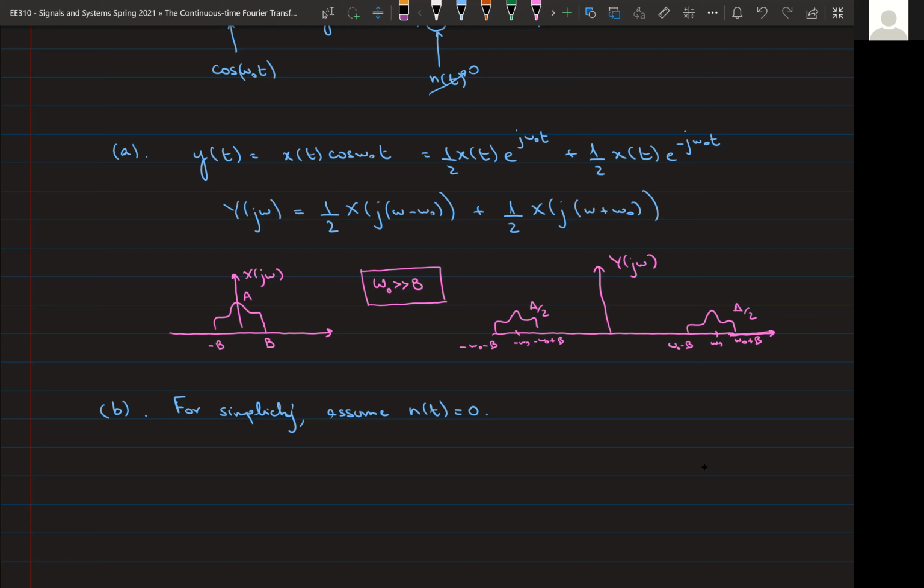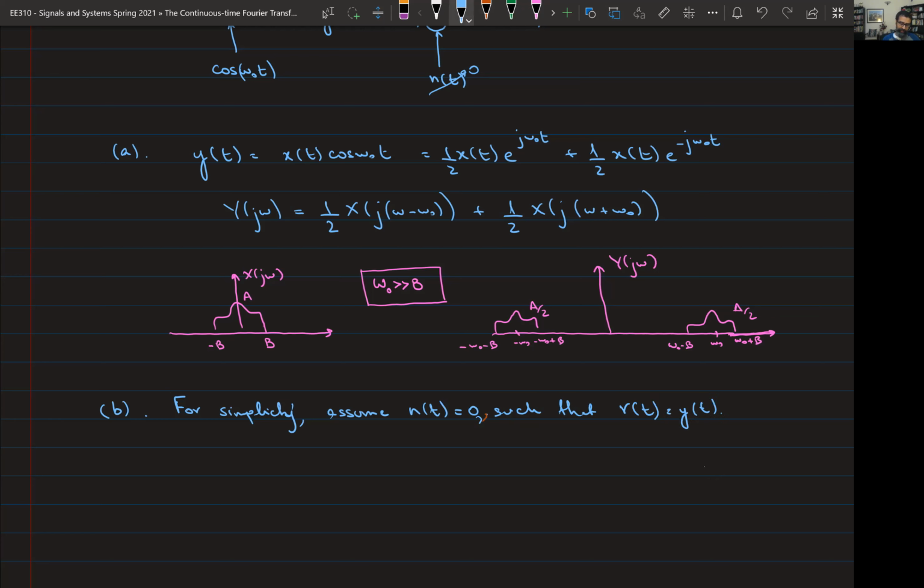Now, the question once again is, how can you recover x of t from y of t? And the answer lies in the frequency domain once again, right? So if n of t equals 0, that means the received signal is actually equal to y of t.